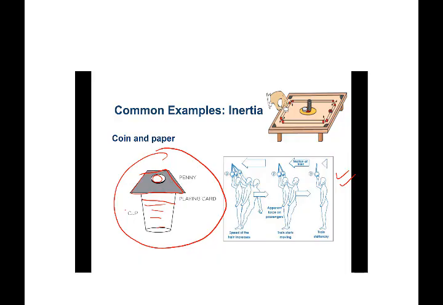You will see that the coin will fall directly down, because while the paper is in motion, the coin continues to stay in a state of rest and hence does not come out, but falls down. So make sure that you slide it out very quickly.